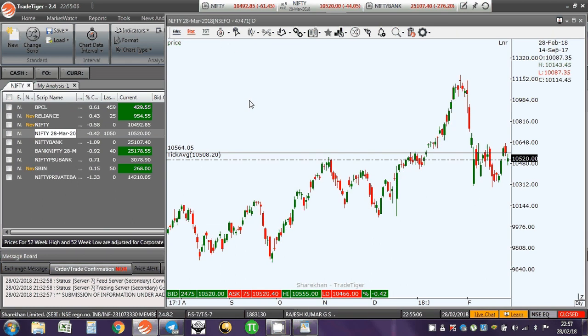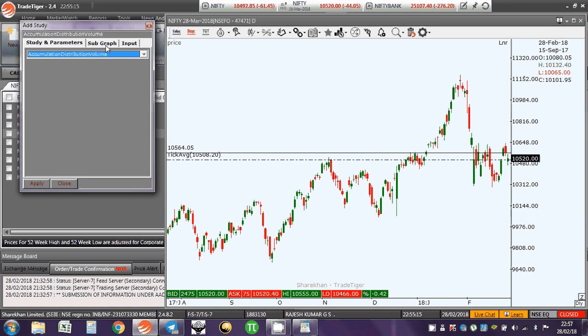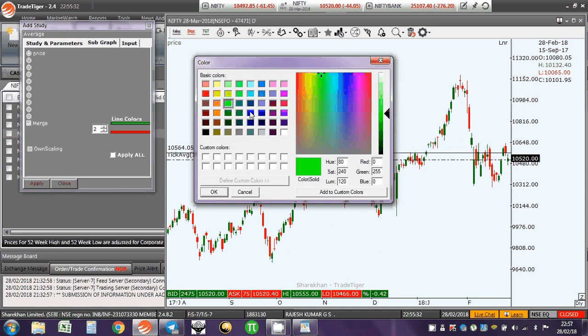And for positional I use 20 and 60 EMAs. Even that we'll see how it works. Average, I'll go for EMA, I'll go for 20, same thing, I'll have a thicker one.